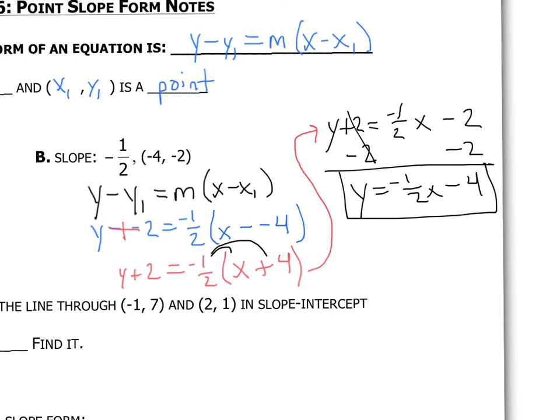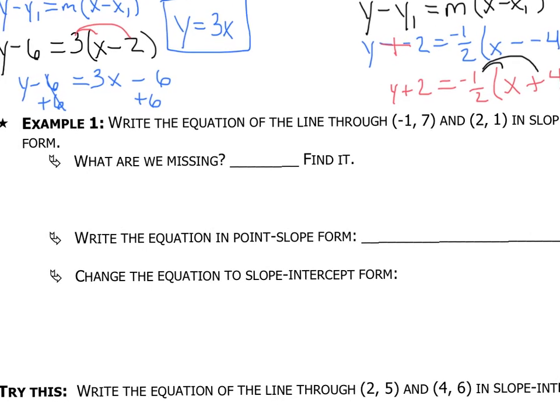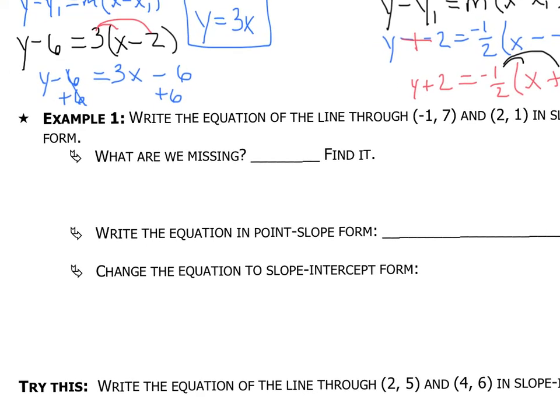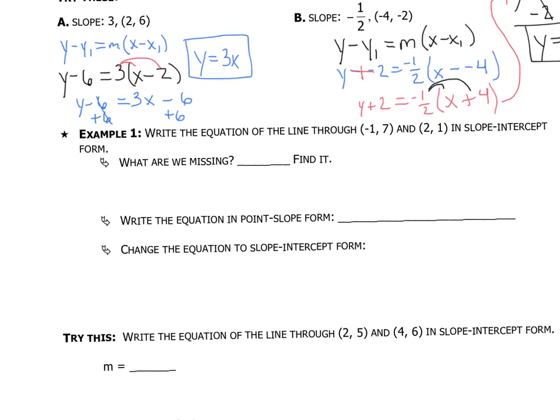So now that's when it's given as slope and a point. You're not always going to be given the problem like this, where you're given the slope and you're given a point. Hey, that's pretty easy when it does that. Sometimes it's going to do it like this. So here, we'll zoom out a little bit so we can see it.